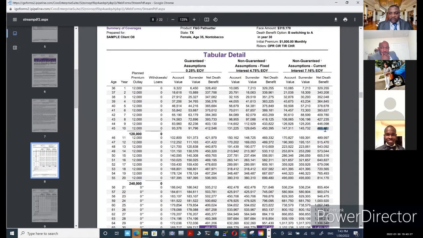So pay attention. If anything were to happen to you, Miss Client, that is what you get. Nobody would not want to have something like this to supplement medical expenses. If she were to have a critical illness or a terminal illness at this point, this is what she gets.